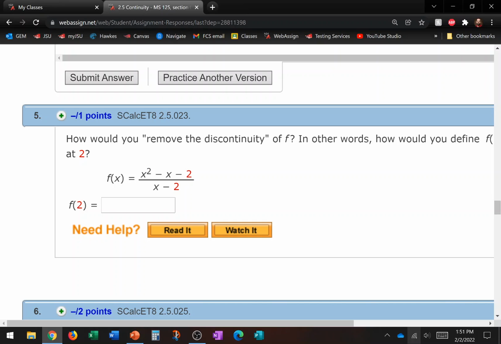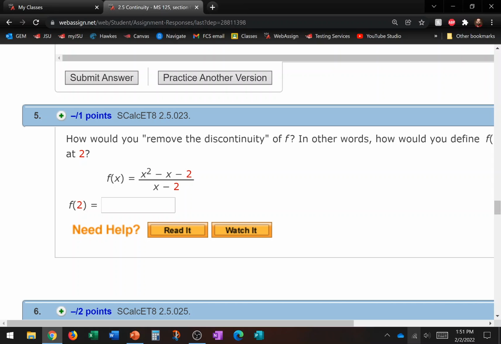On this one, the reason we have a discontinuity at 2 is because if we try to evaluate our function at 2, we'll get 0 in the denominator. And so it's undefined there. If you think about the graph, we have a hole at x equals 2.